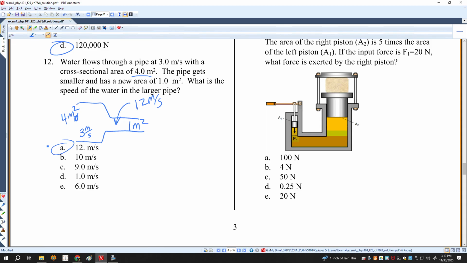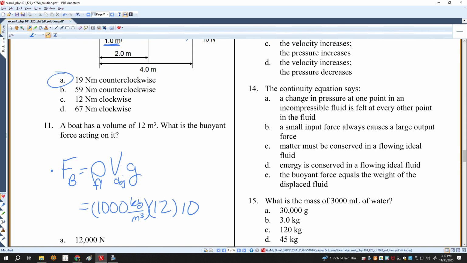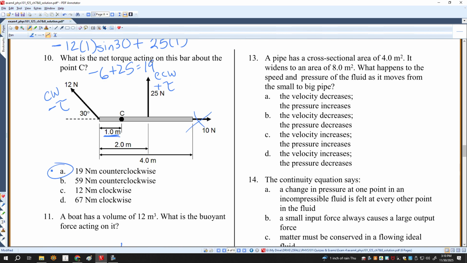So A is the right answer, but again, you can always use the equation. That's 4 times 3 equals 1 times V2, and solve for V2 is equal to 12. All right, what happens? This goes from 4 to 8 square meters, so it gets bigger.